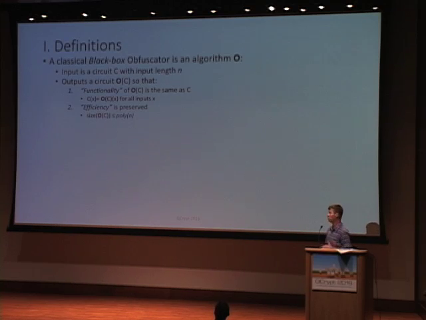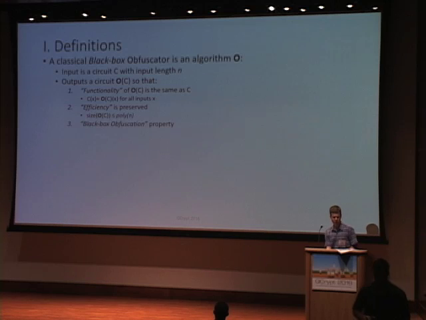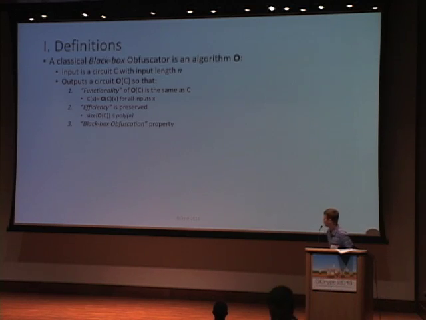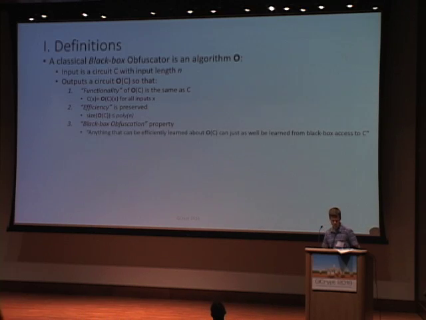The efficiency should be preserved. This is also not hard to be intuitive about. Classically, it should just mean that the size of this obfuscated circuit, O of C, should be no bigger than some polynomial in n, the input length. And then finally, we'll have the all-important black box obfuscation property, which roughly speaking says that anything that can be learned about the obfuscation, O of C, could have just as well have been learned from black box access to C. Black box access here just means I get to run C on a number of inputs, and from the input-output relations that I learn, discover something about the obfuscation.